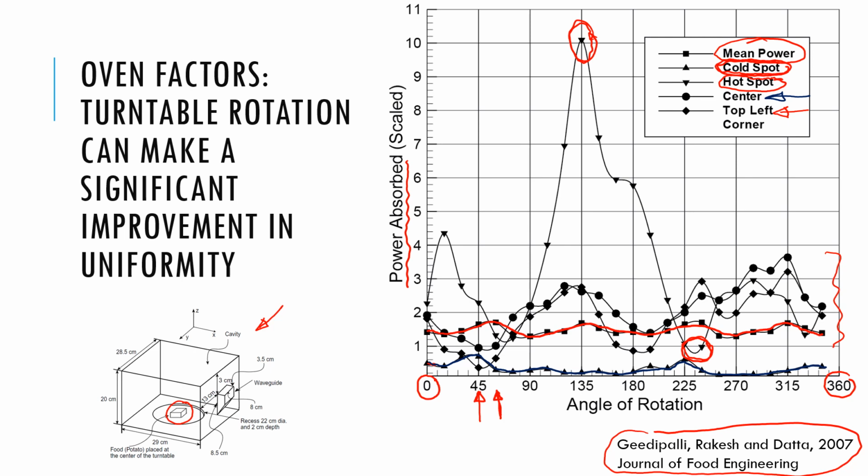Again, it sees average for some time, high for some time and low for some time, and that averages out. At the end, there will still be locations that heat more and others that heat less, but the non-uniformity will not be as much with the turntable present. That's the main purpose of the turntable.